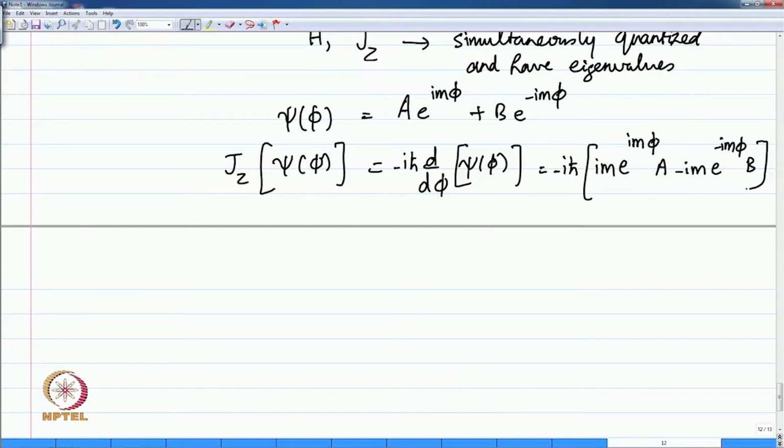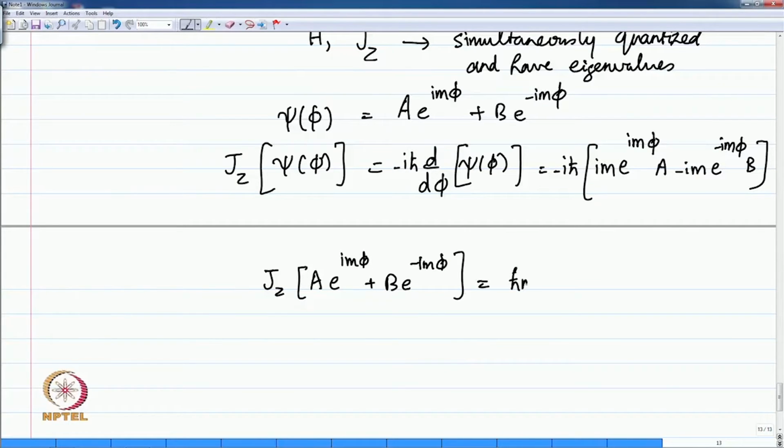Therefore, Jz acting on a e to the i m phi plus b e to the minus i m phi now gives you h bar m times a e to the i m phi, but with a minus sign, b e to the minus i m phi.